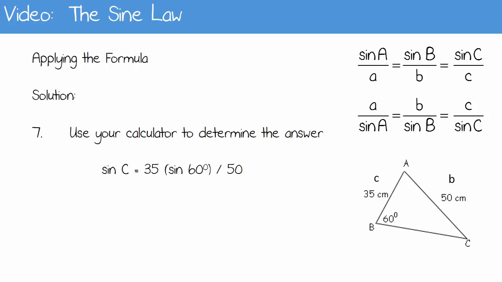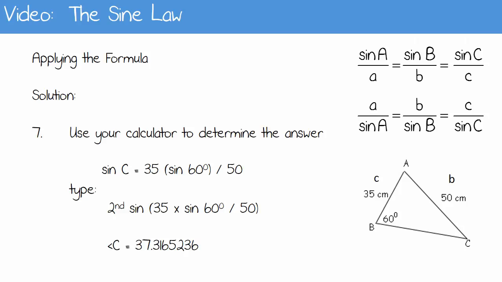On your calculator, use your shift or second function key, sine, bracket. Brackets are extremely important: 35 times the sine of 60 degrees divided by 50.